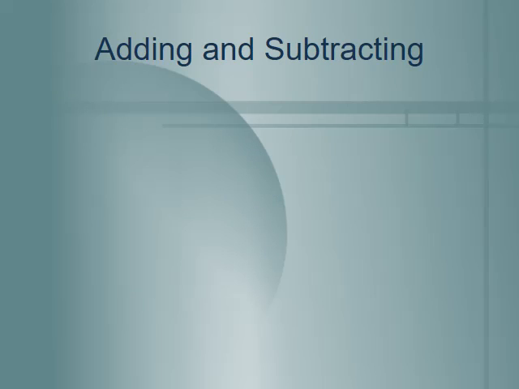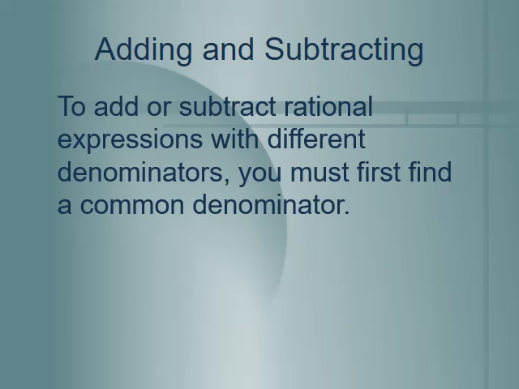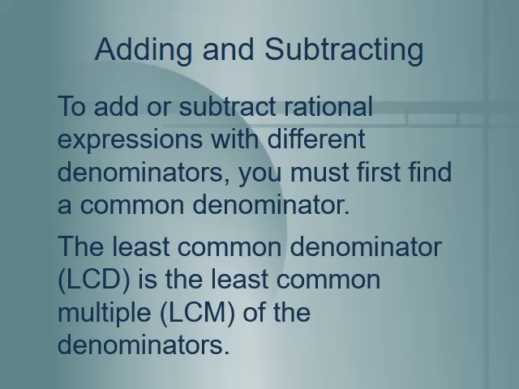So when we add or subtract, we always have to put it in a common denominator. That's the very first thing we have to do. And in order to find our common denominator, we look at the least common multiple of the two denominators. You can use your prime factorization on your calculator to help you with that.